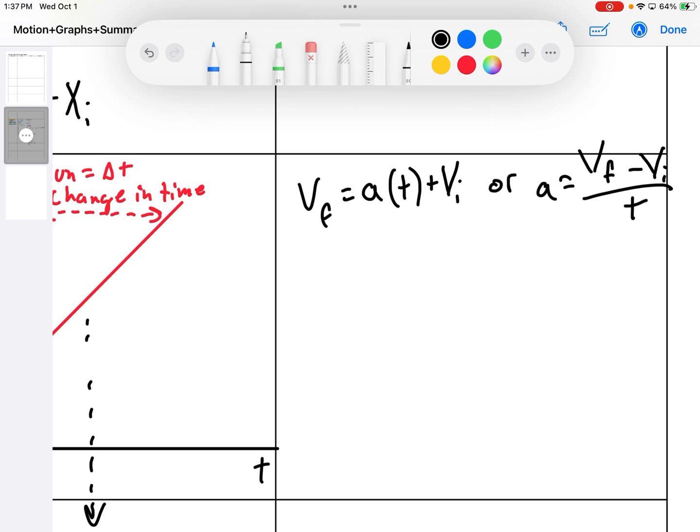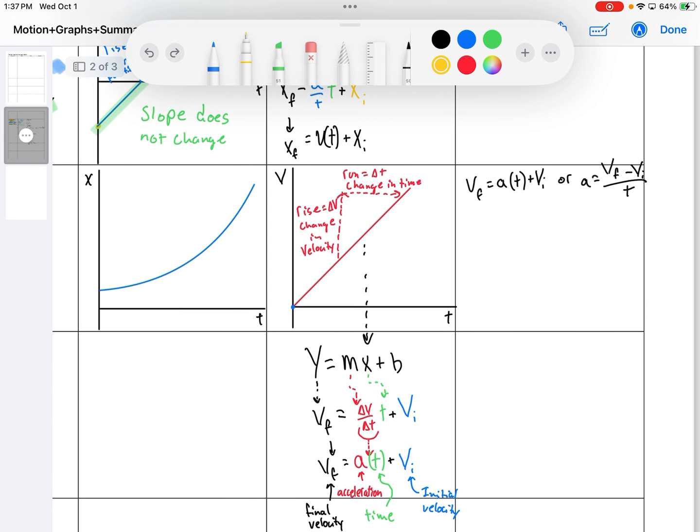And that's just the means by which we calculated our slope, right? This tells you the change in velocity over the change in time, that is equal to acceleration. Very good. Any questions on this first acceleration formula?